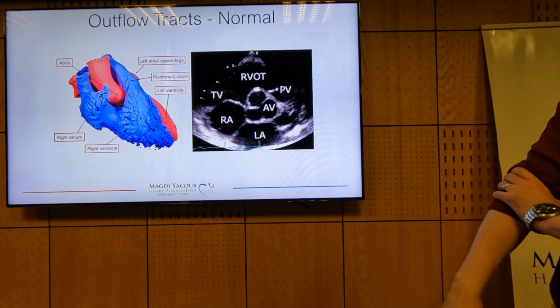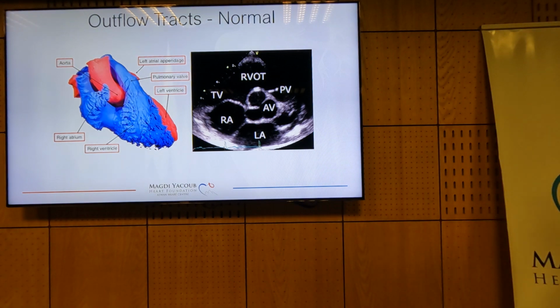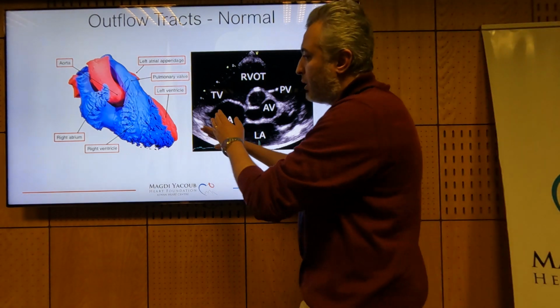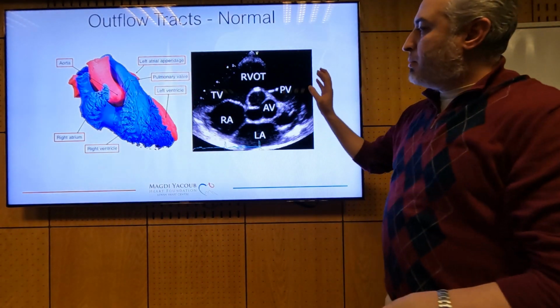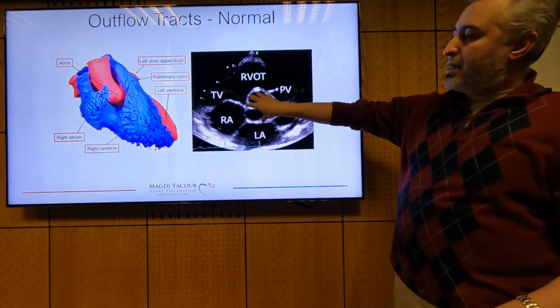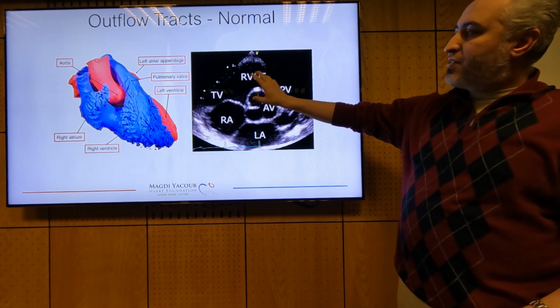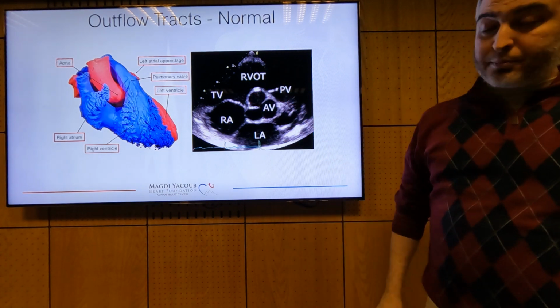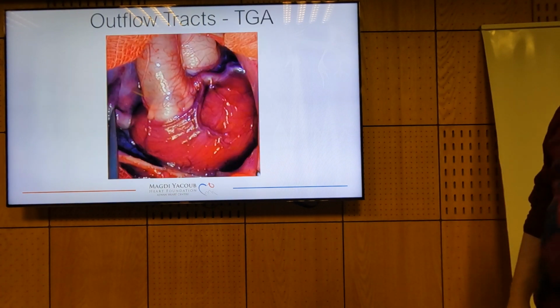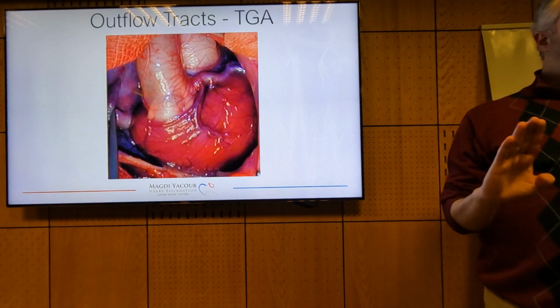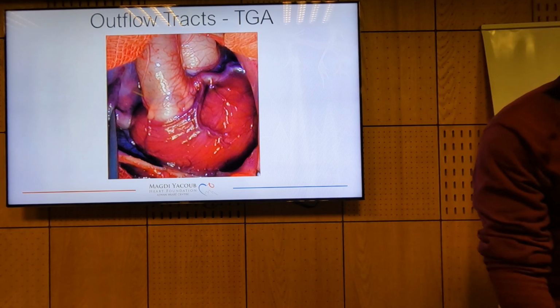Now let's go through outflow tracts. We've mentioned normally outflow tracts cross each other. So if you see one valve as a short axis, the other valve should be in a long axis. Till you get TGA, where the outflow tracts do not cross each other.